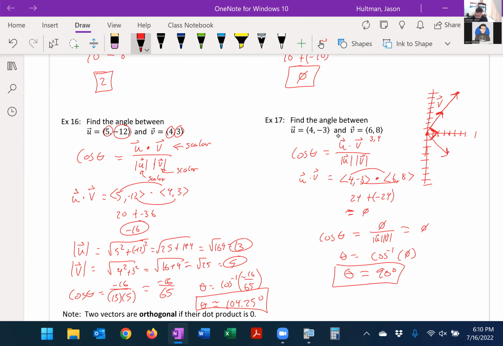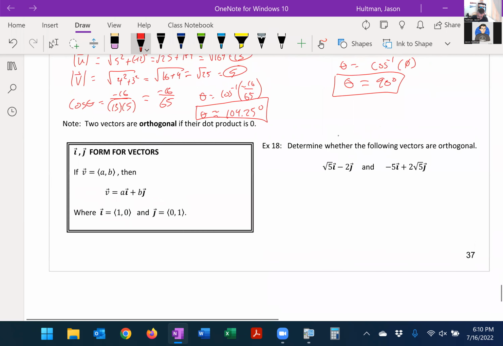If you even did the slope here, if you did b over a for each of these, the slope is negative 3/4 here, and the slope here is 4 over 3, because the 8 over 6 would reduce, and you would get opposite reciprocals as your slopes for these vectors. So they do create a 90-degree angle. Two vectors are orthogonal if their dot product is 0, and orthogonal just means perpendicular.